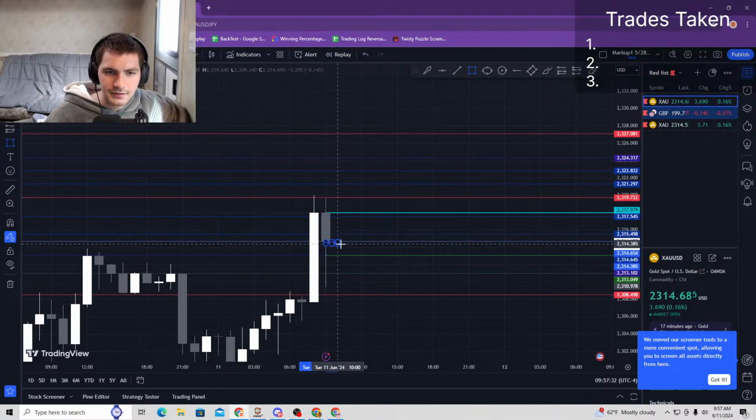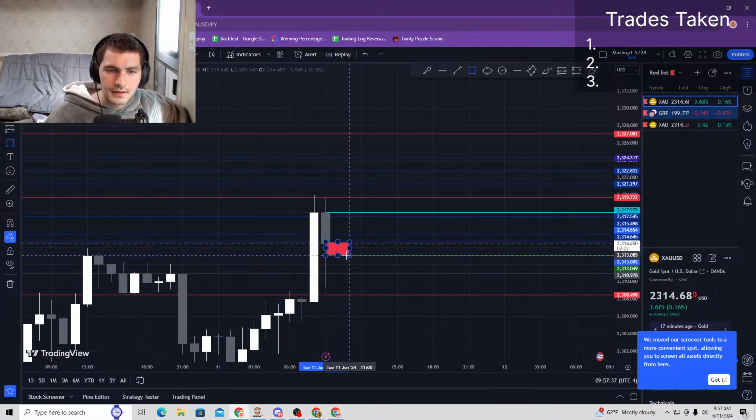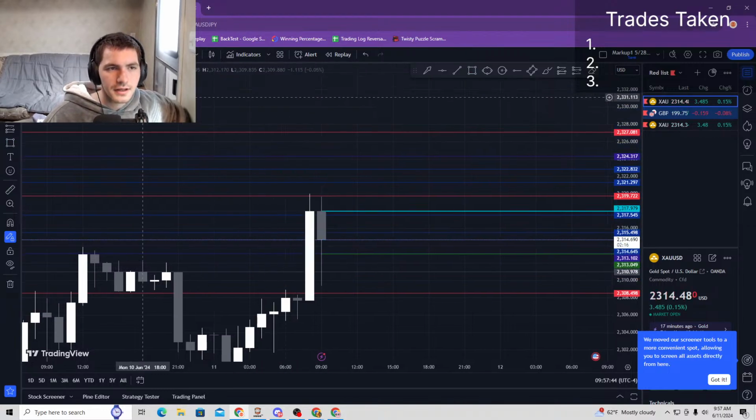A little bit of bottom wick. And then it creates a top wick. I didn't want to be in drawdown right here, and I wasn't willing to stay in that just to see it do that.